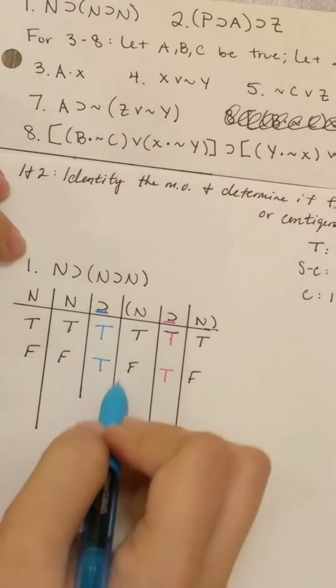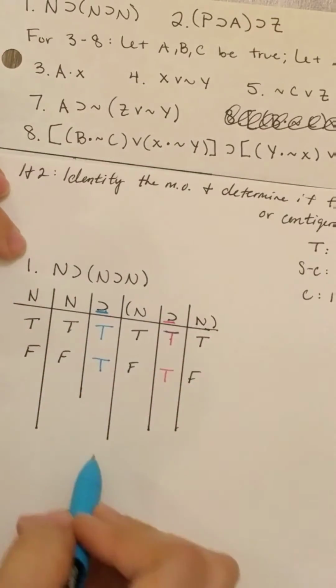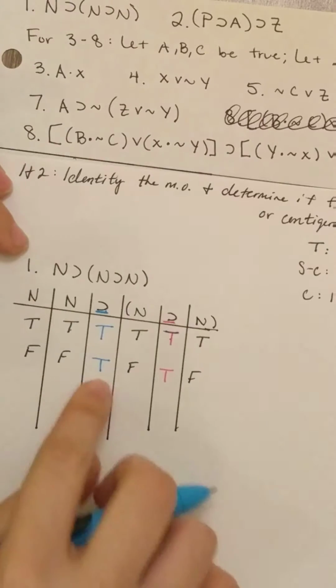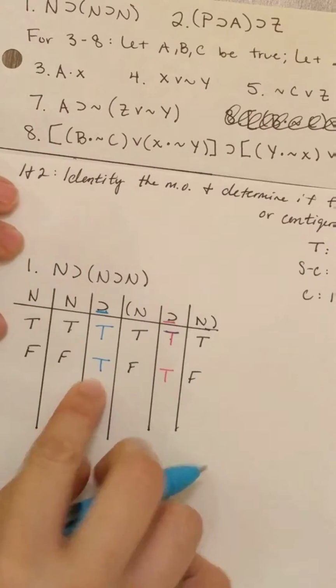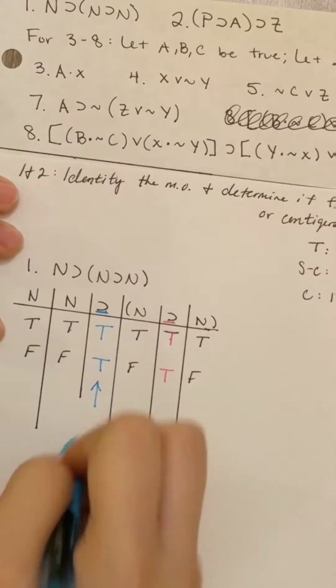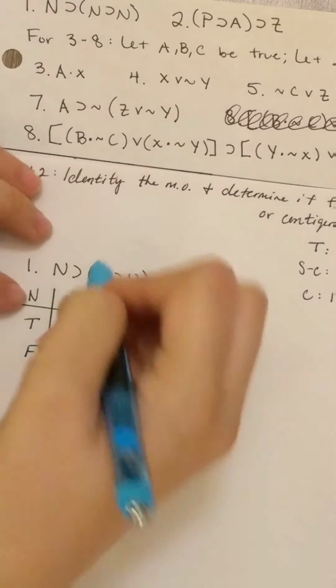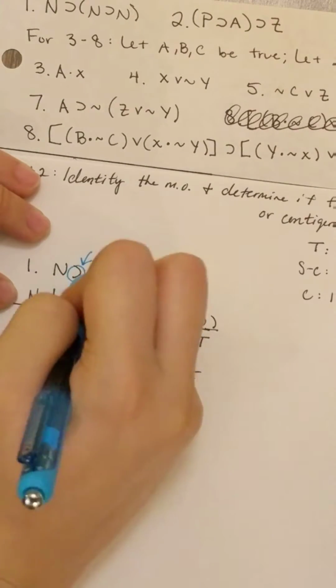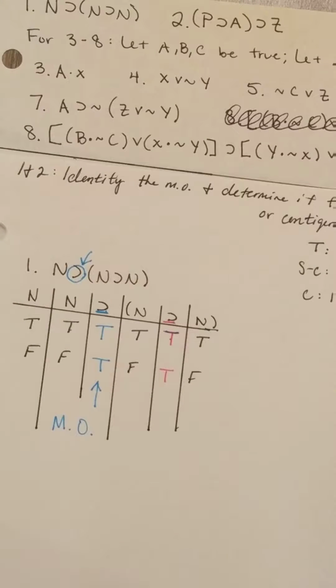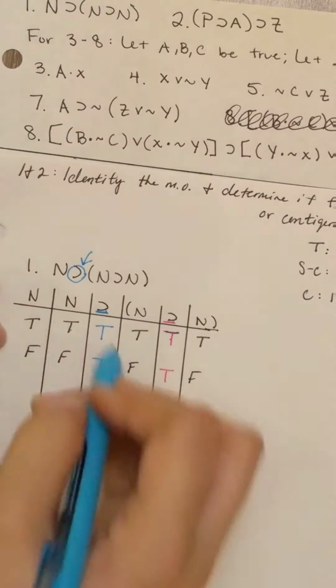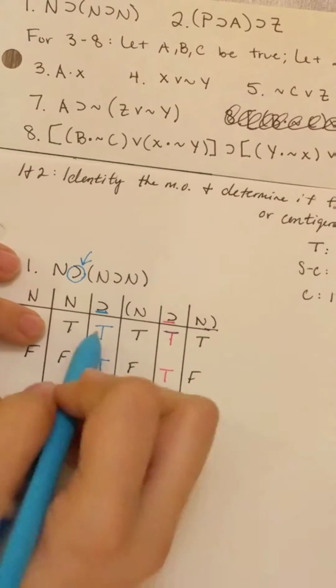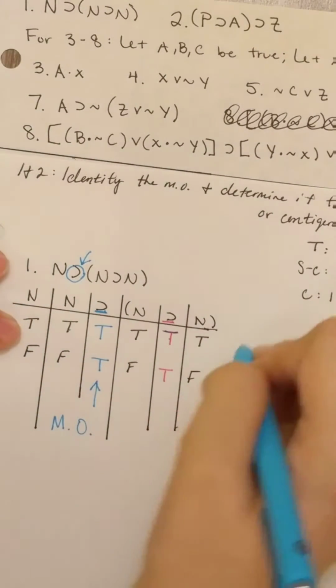And so the last column that I look at, once my table is completely full, the last column that I touched is the main operator. So this one is the main operator. And since the main operator has all truths, it is a tautology.